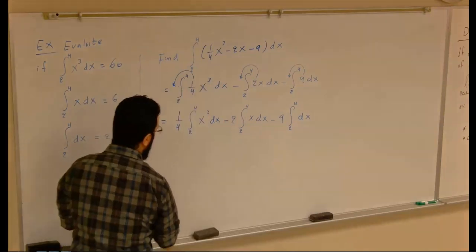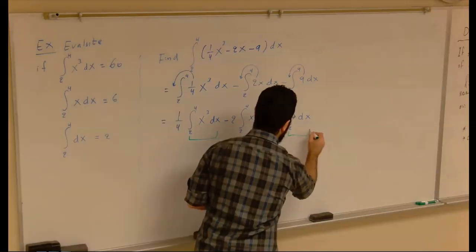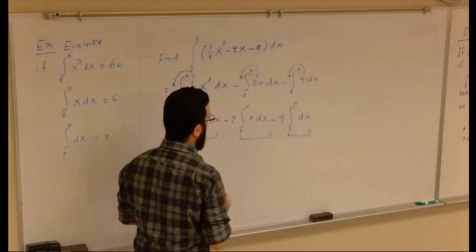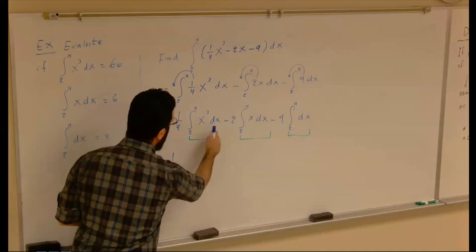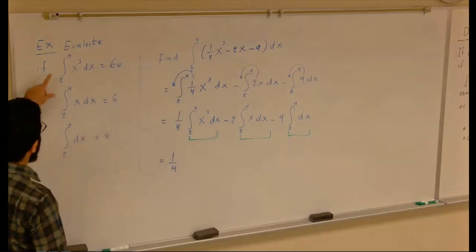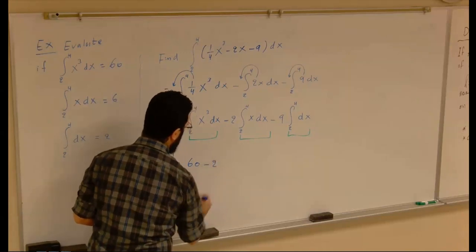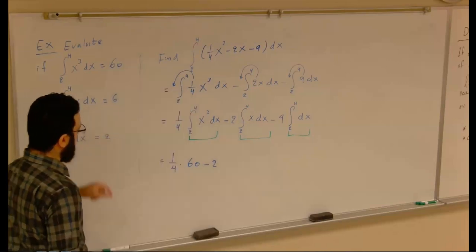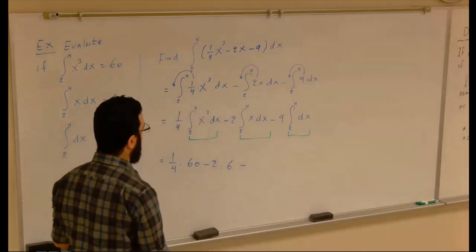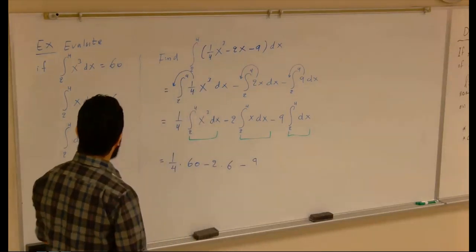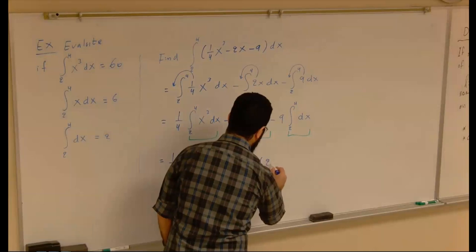Now if you look, here's the first integral, here's the second one, and here's the third one. We already know how much each is. 1/4 times the integral from 2 to 4 of x cubed dx, which equals 60. So 1/4 times 60, minus 2 times the integral of x dx, which equals 6. So this is times 6, minus 9 times the integral of dx, which equals 2. So this is times 2.